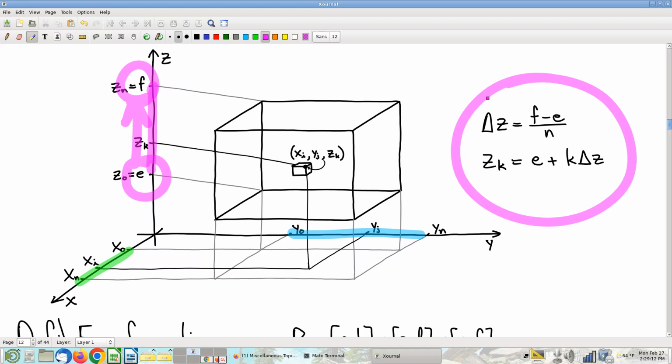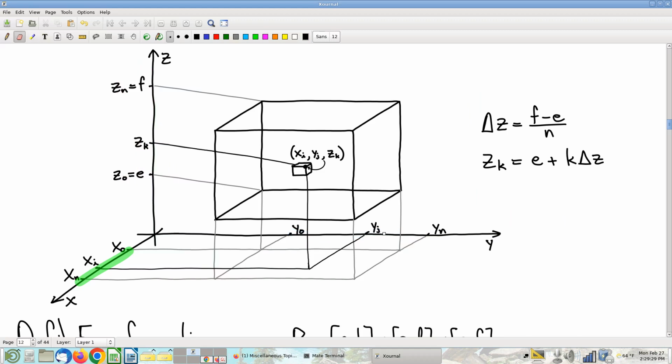We take the whole length and divide by n to give us the delta z. And then we successively add delta z's to get us from one point to the next. Just like with the x's, just like with the y's. So this is formalities that just have to get said. We're not actually going to do much, if anything, with that.